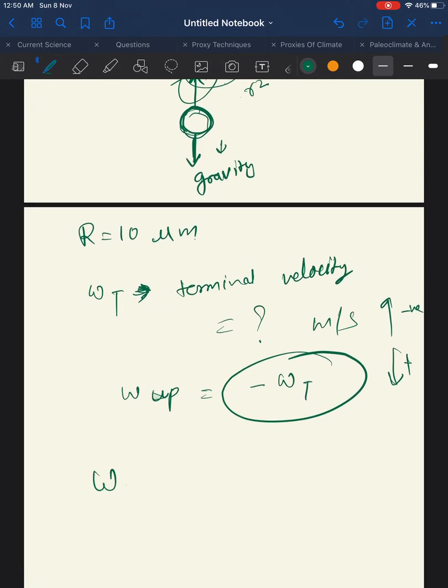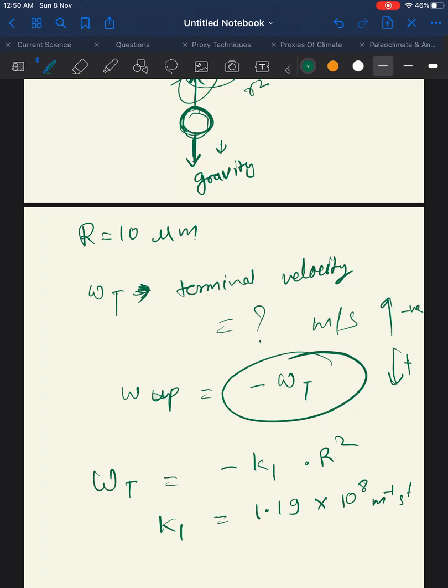Now let's see the formula. WT is equal to minus K1 into R square, where K1 is a constant value, 1.19 into 10 to the power 8 per meter per second, or we can write simply meter inverse second inverse. It is much better. It's a value, just write it down.